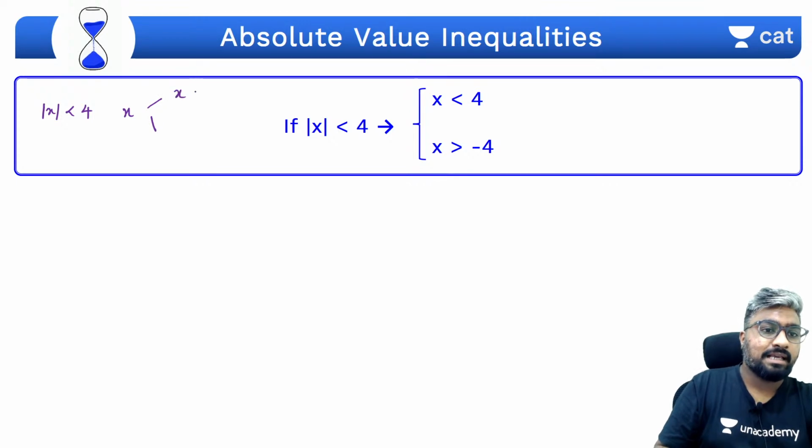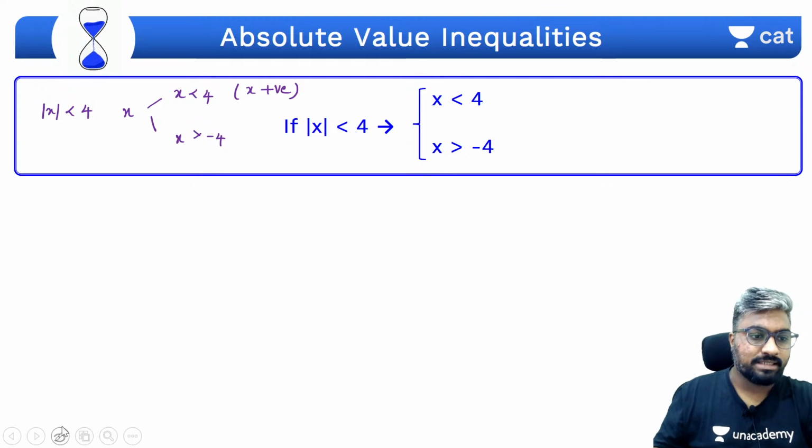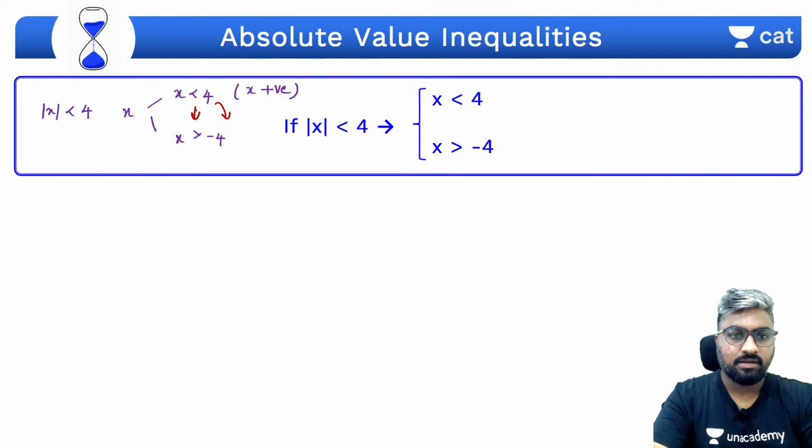Either x will be less than 4, when x is positive. If x is negative, then it will give us x is greater than -4. So notice that the sign changes and you multiply one of the sides, either LHS or RHS, with a negative sign.